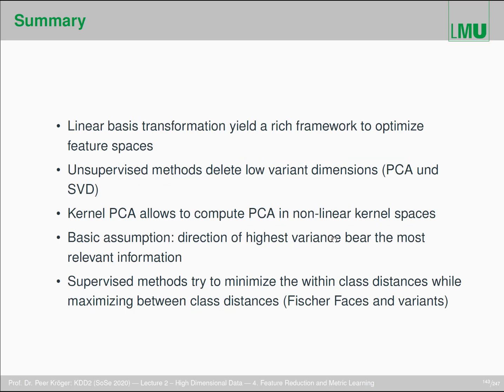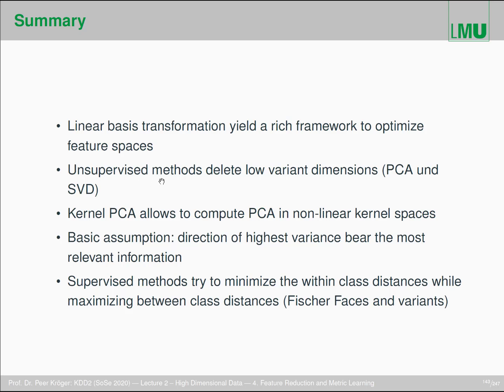So here is a summary, and we can conclude finally this section on feature reduction and metric learning. We have seen some linear basis transformations like SVD, PCA, and stuff like that. They are really mature to optimize feature spaces, especially the unsupervised methods.